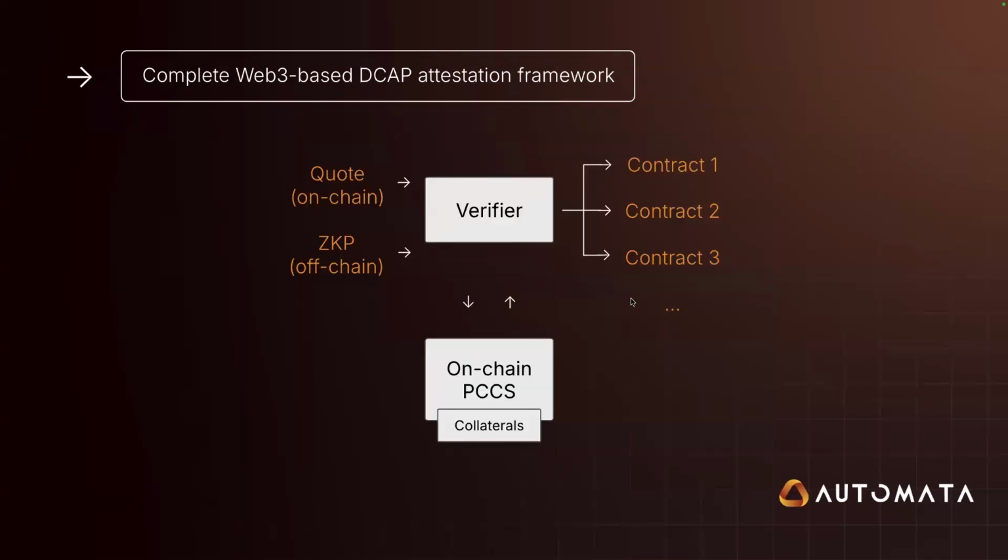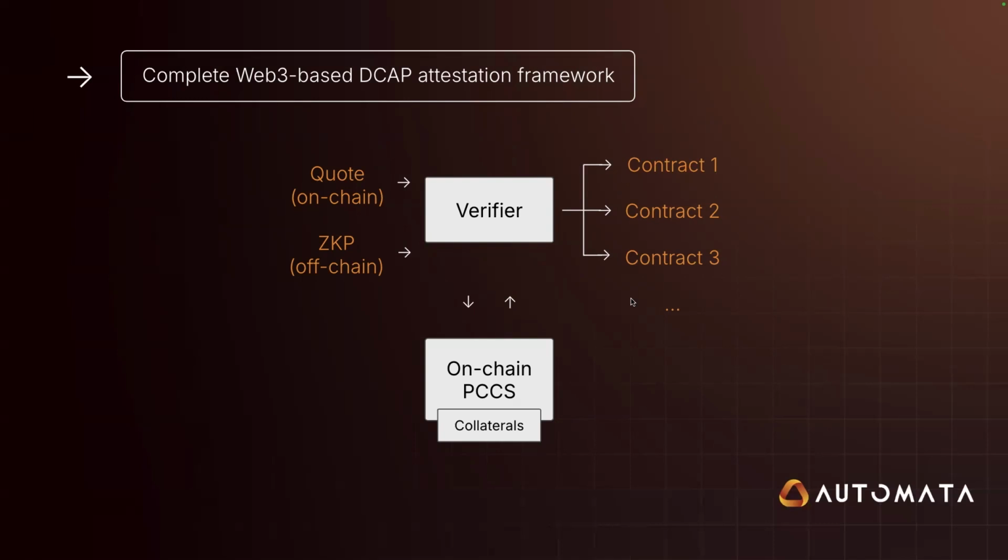So if we really want to move the PCCS on chain, in a simple form it would be: let's have some collaterals stored on chain, and then the verifier could just be linked to that PCCS storage. So now the interface for all the off-chain quotes will be really simple, because they don't need to provide collaterals anymore, as this is already included and updated to the latest date.